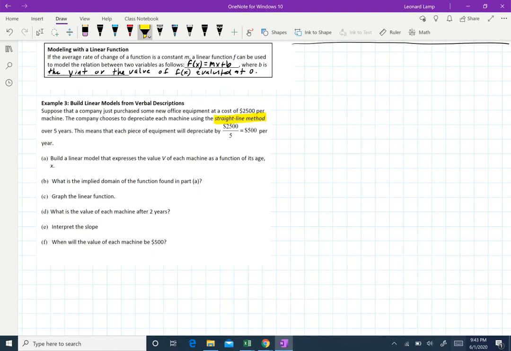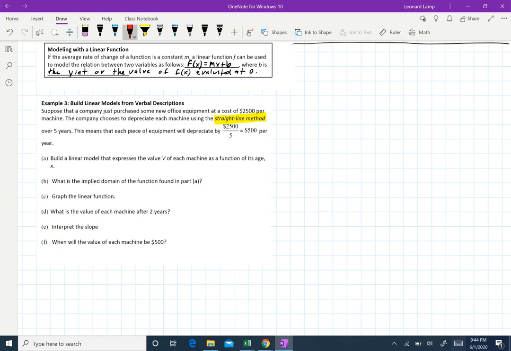Part A just says build a linear model that expresses the value V of each machine as a function of its age X. The better you understand how we come up with these models, the easier the transition to calculus will be as well.